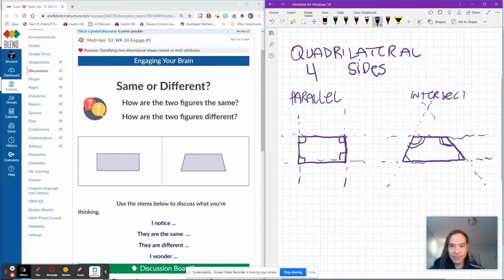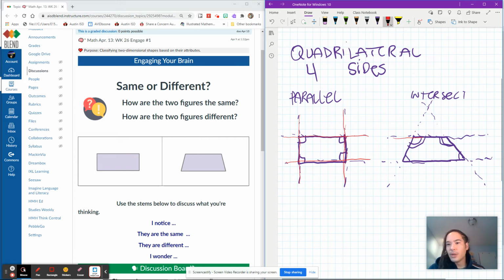They are different because on my rectangle, I have two sets of parallel lines, and on my trapezoid, I have one set of parallel lines and one set of intersecting sides. As you can see, on the rectangle, I'm going to draw it in red, these lines go on forever without touching, and these lines go on forever without touching. Sorry about the curviness.